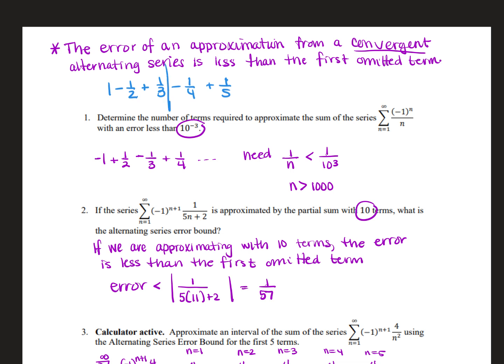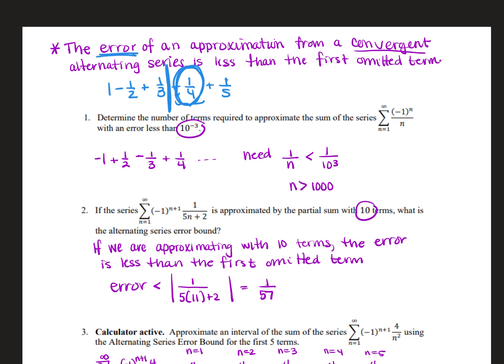Wherever I decide to chop it off, the biggest the error could be in absolute value is the first term that we omitted, because we're going to add a little bit, then subtract a little bit, and add a little bit, and subtract a little bit. So the absolute value of the first omitted term tells us the error in the approximation.